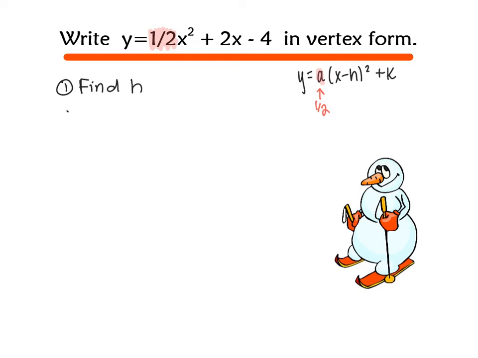We do that by using that formula, negative b over 2a. Remember, b is this second number here. A was that first number out in front. So when we plug those in, we get negative 2 over 2 times 1/2. 2 times 1/2 is just 1. And so my x value, or my h, is negative 2.